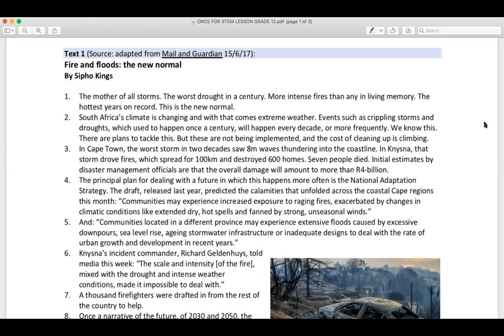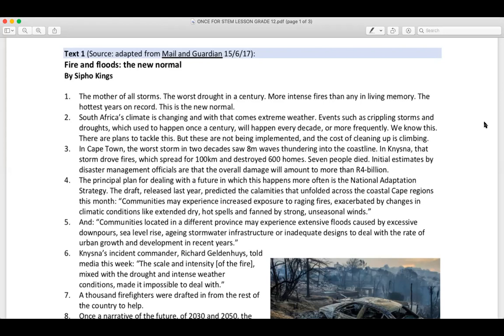Initial estimates by disaster management officials are that the overall damage will amount to more than 4 billion rand. The principal plan for dealing with the future in which this happens more often is the National Adaptation Strategy. The draft, released last year, predicted the calamities that unfolded across the coastal Cape regions this month.